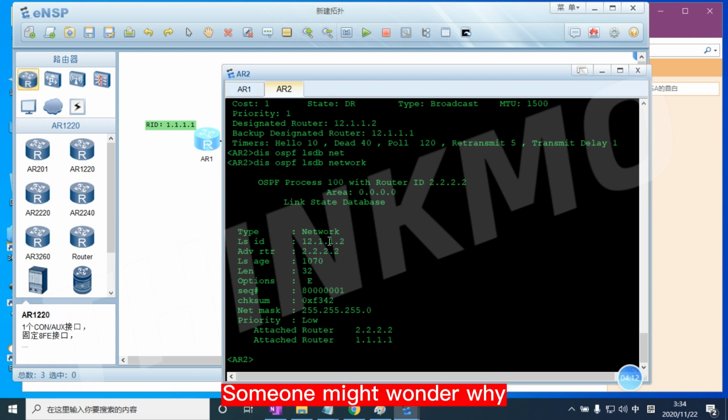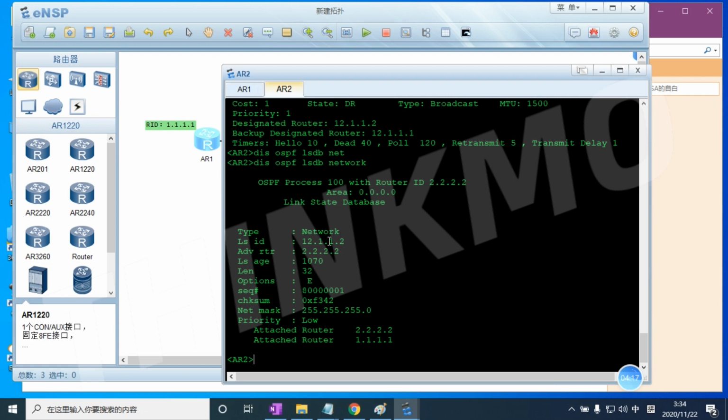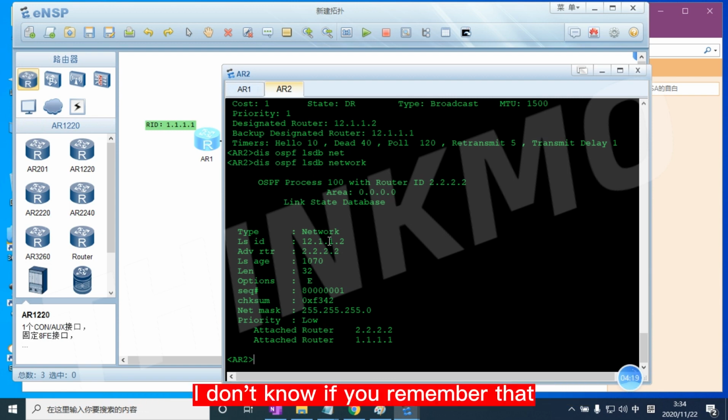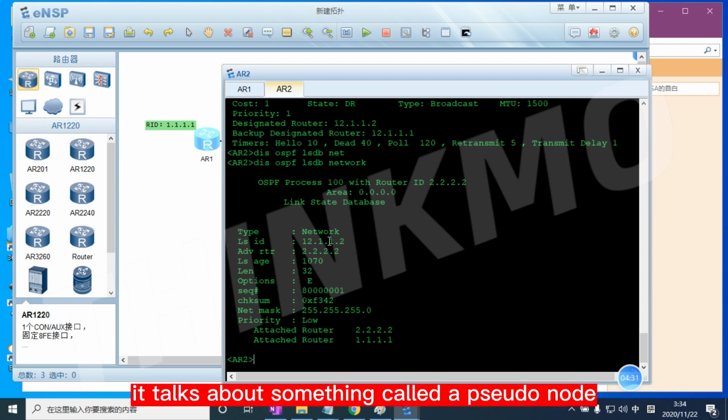One might wonder why it advertises the IP address of its own interface. I don't know if you remember. For those of you who haven't seen it, go and see the topic about DR preemption and the basic concept of DR. It talks about something called a pseudonode, which is what we call the virtual router concept.